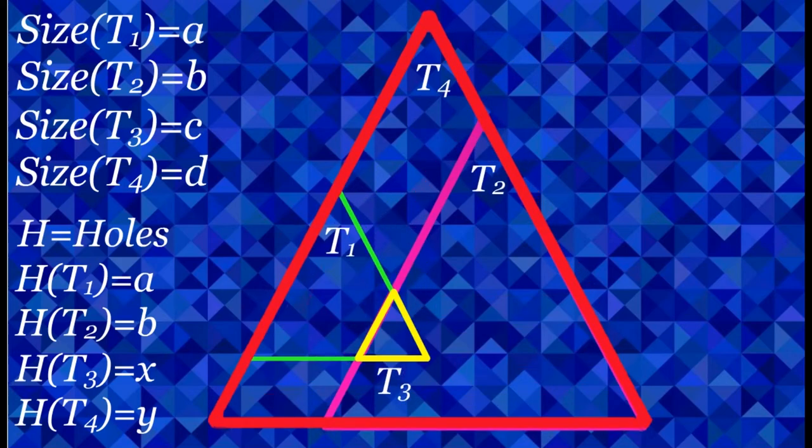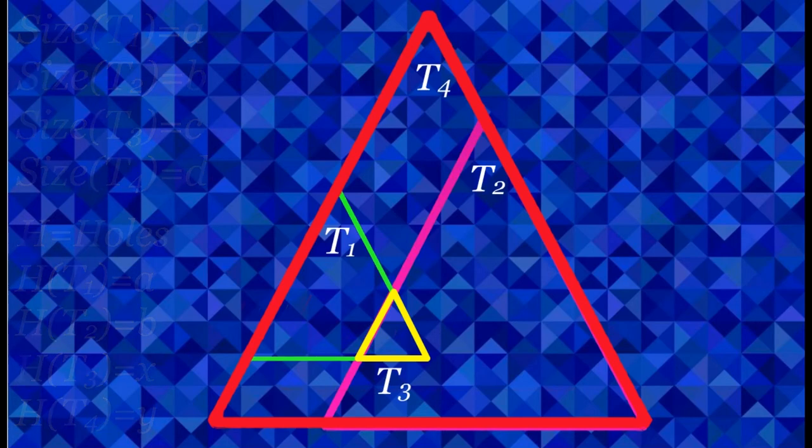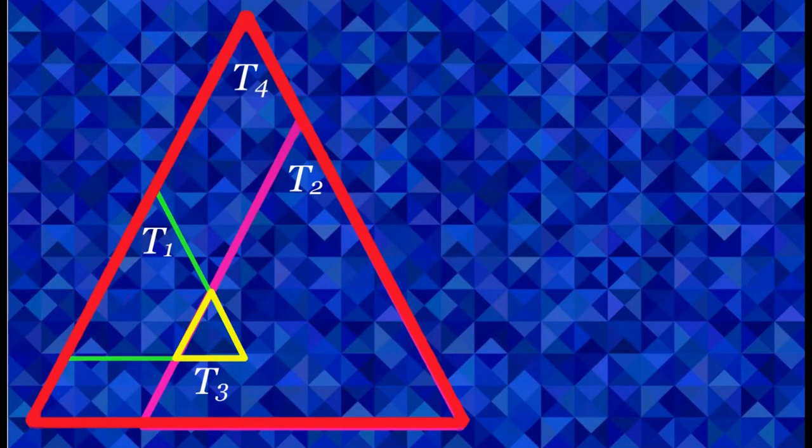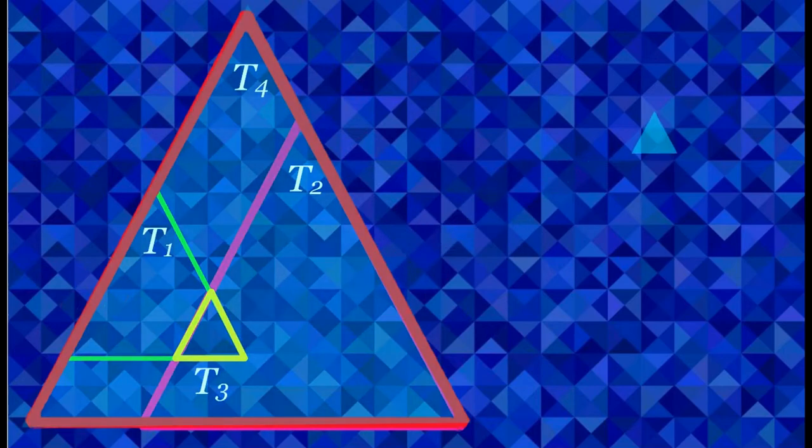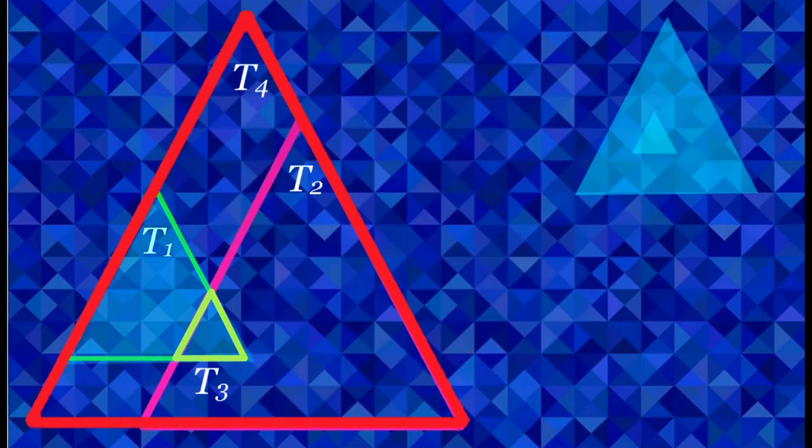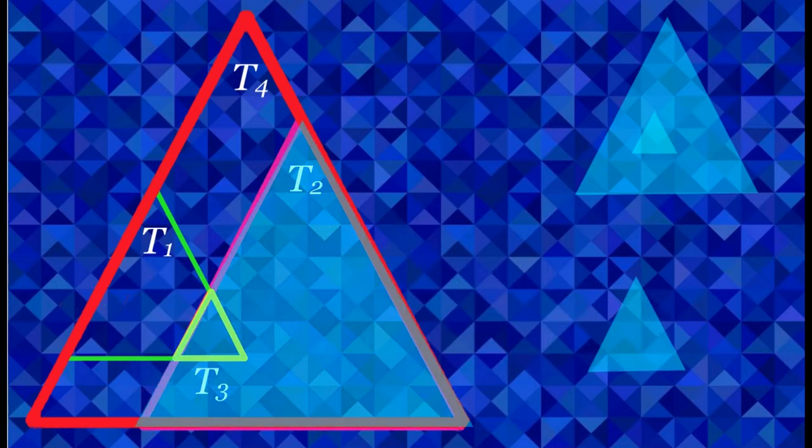Our key observation is that the number of holes in T1 plus the number of holes in T2 is smaller than the number of holes in T3 plus the number of holes in T4. This is simply because T3 together with T4 cover the area which is inside T1 and T2.